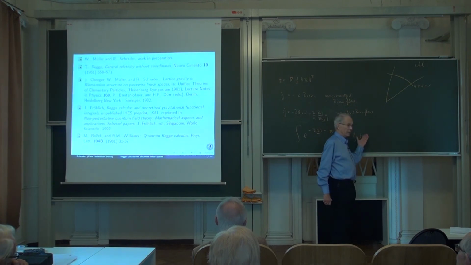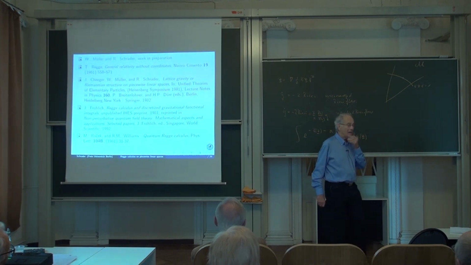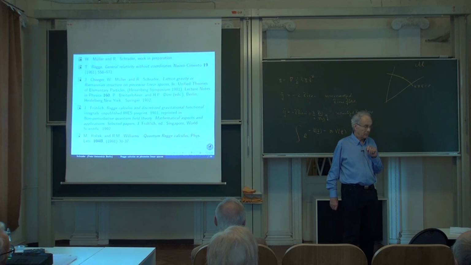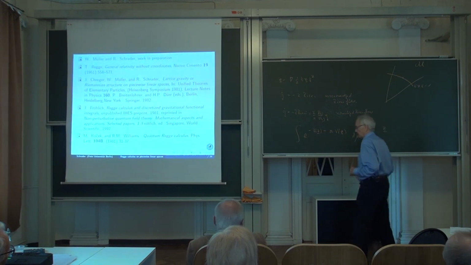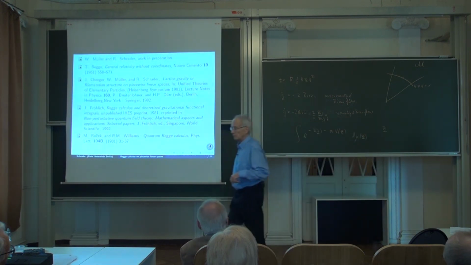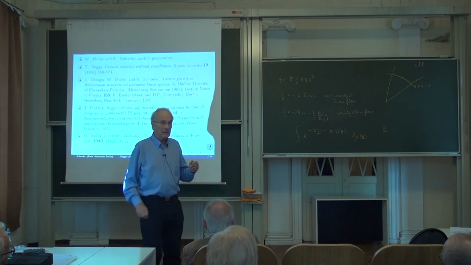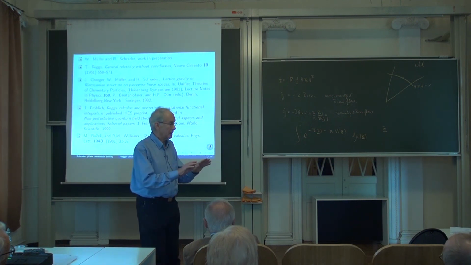How do you make the space of all metrics into a Riemannian manifold? I haven't used up my time yet.